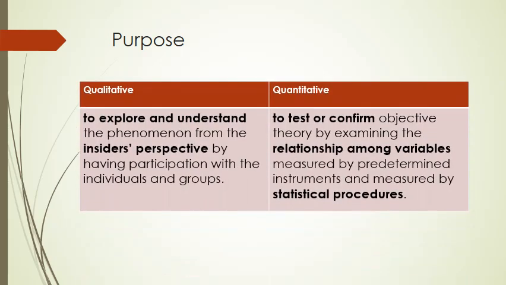There are also a lot of differences between those two research methods. One of them is purpose. The purpose of qualitative research is usually to explore and to understand the phenomenon or the reality or the research subject from the insider's perspective by having participation with individuals and groups.